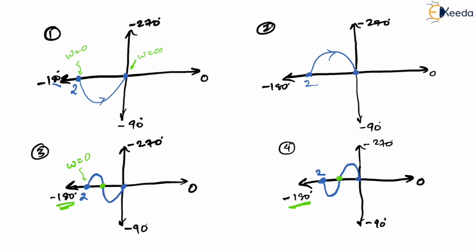Now, omega equal to 0 has already been accounted for. Why? Because at omega equal to 0 only, it is starting at magnitude 2 and at angle minus 180 degrees, right?